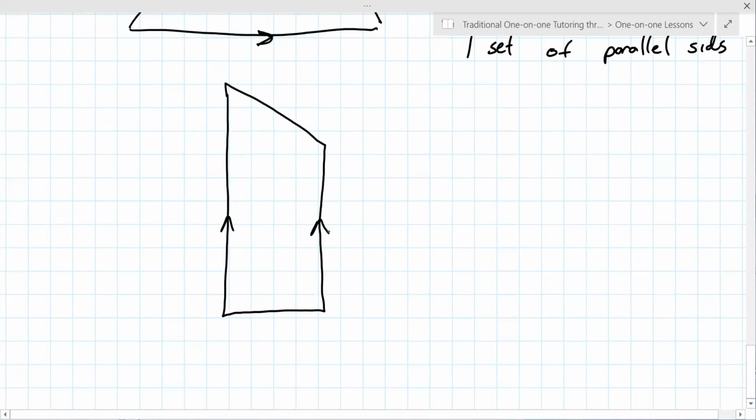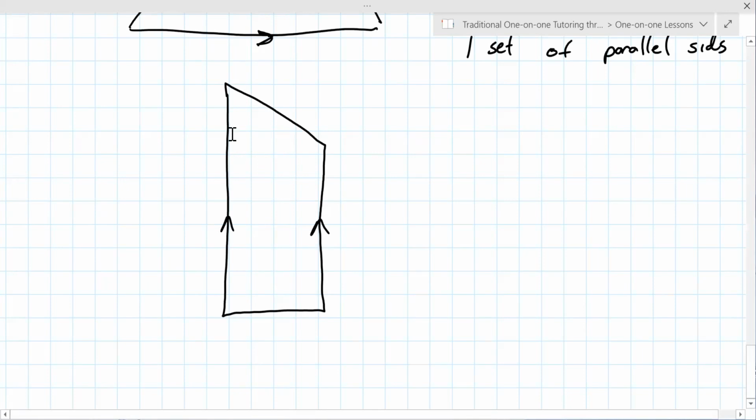Yes, because it has two parallel sides. We call it a pair, but yes, exactly. So you've got to be careful. If you don't like the way this looks, rotate your paper so that it looks the way you want.